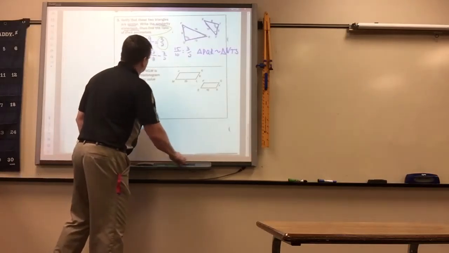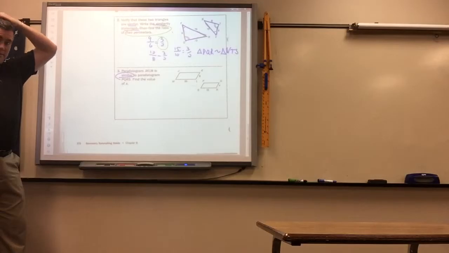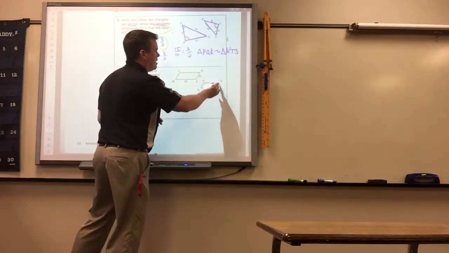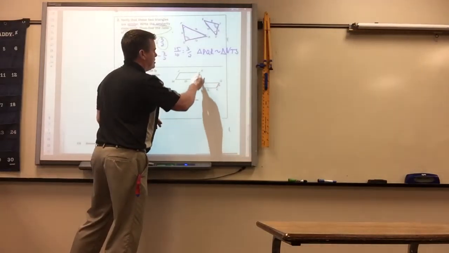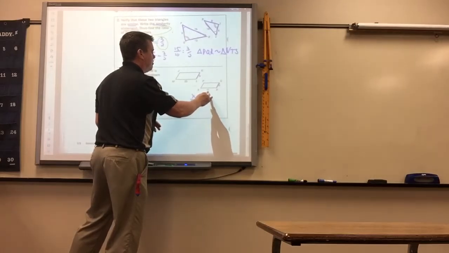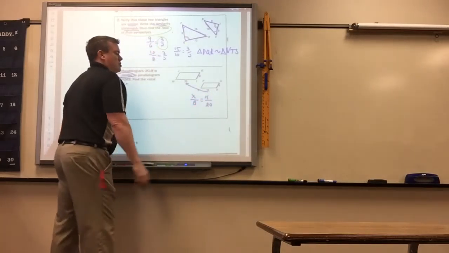Okay, again, this whole chapter is basically finding sides by using proportion stuff. Since they're similar, to figure out x, x to 8 has to equal 15 to 20. So it'd just be 8 times 15 divided by 20.